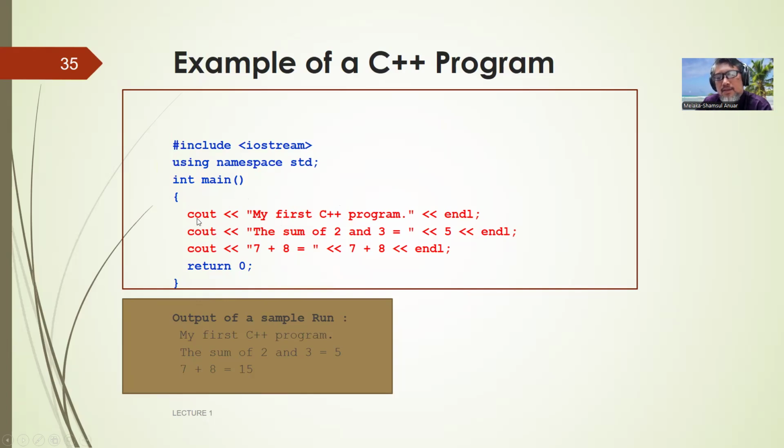Okay, so here cout, and then you have this less than symbol, and then a double quotation mark, and my first C++ program. You can write anything between the quotation marks, and then another less than symbol, and then endl, and a semicolon.